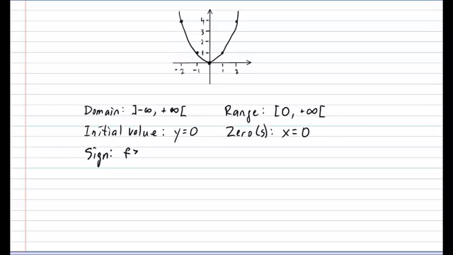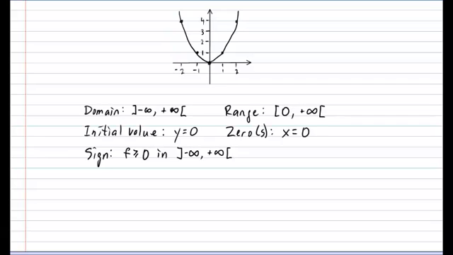So f is positive, which means bigger than or equal to 0, and let's identify our interval. Well, it's actually pretty easy for the basic parabola. The whole thing is on the positive side. That means it's positive in the interval minus infinity all the way to positive infinity.